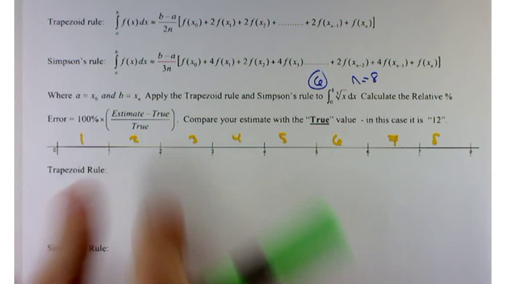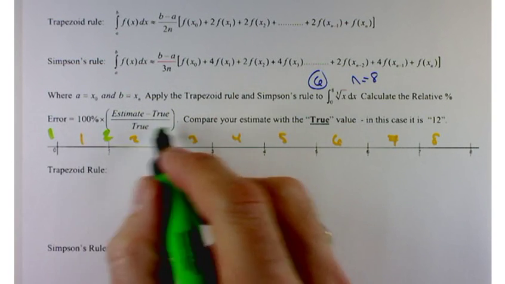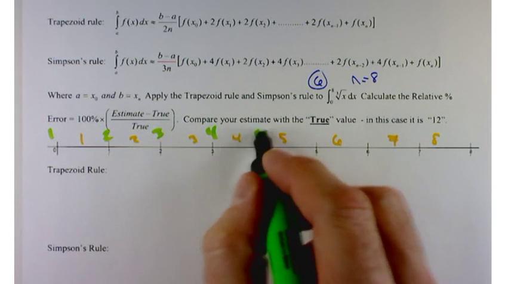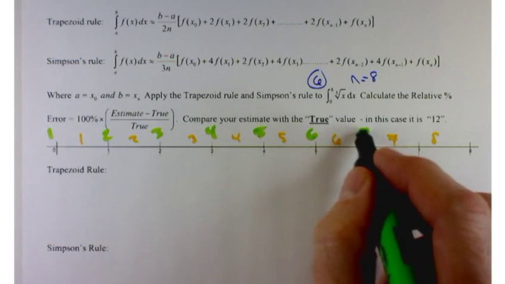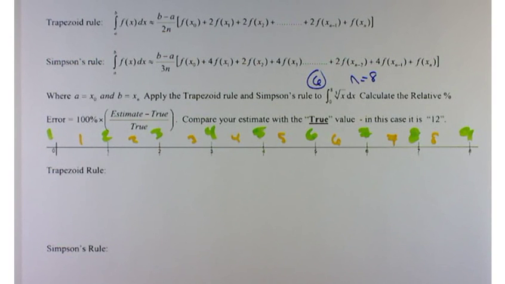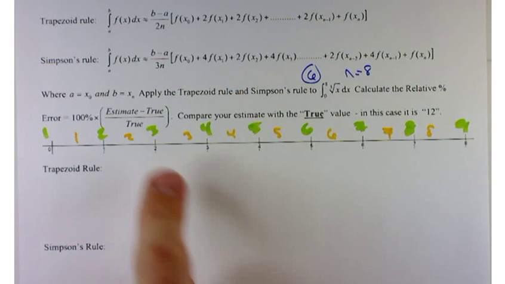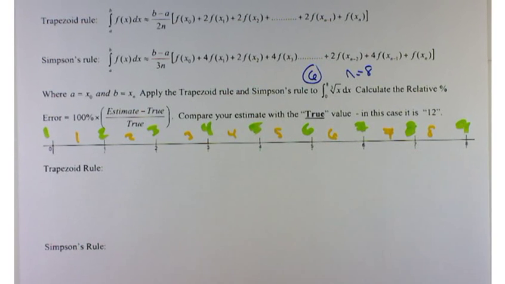Even though we have 8 intervals, there's 1, 2, 3, 4, 5, 6, 7, 8, 9. There's 9 endpoints associated with these 8 subintervals. So there's always going to be one more endpoint than we have subintervals. Nonetheless, n in this case equals 8.